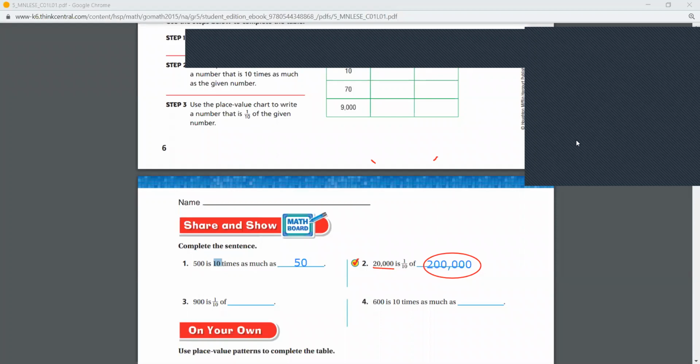Jury, are you there? Yes. Jury, third question: 900 is 1/10 of what? I got 900 as an answer. Previously, what was it before you removed the zero? This will be 90.